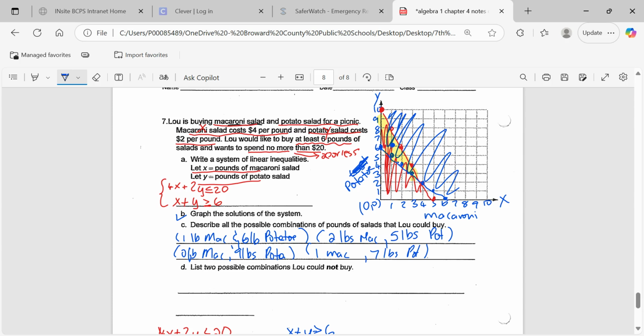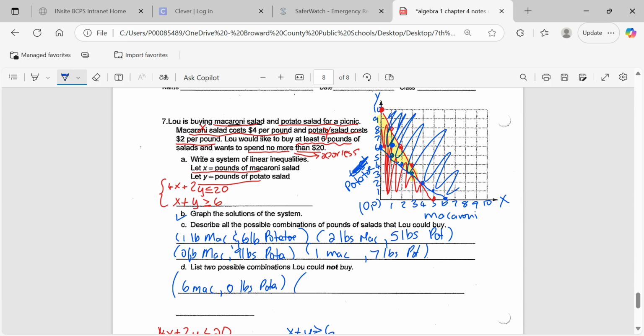There's combinations that he could not buy. Maybe he can't just go out there and buy 6 pounds of macaroni. Too much. He cannot do 6 pounds of mac and 0 pounds of potato.